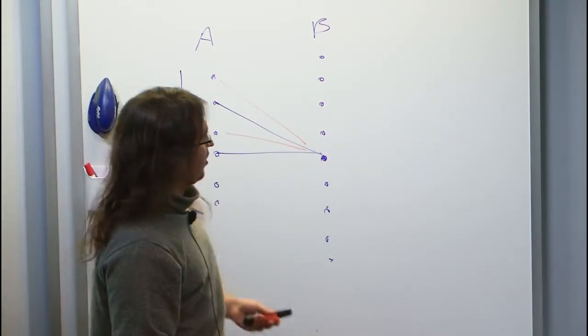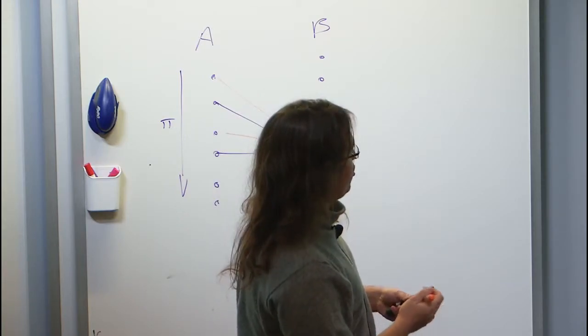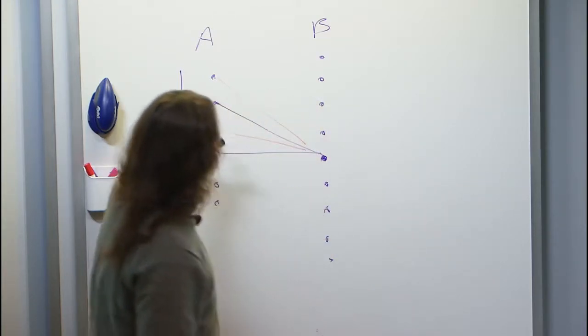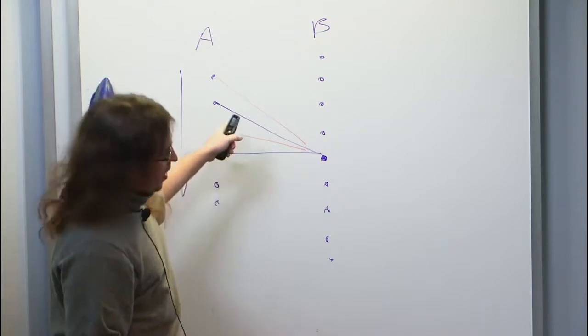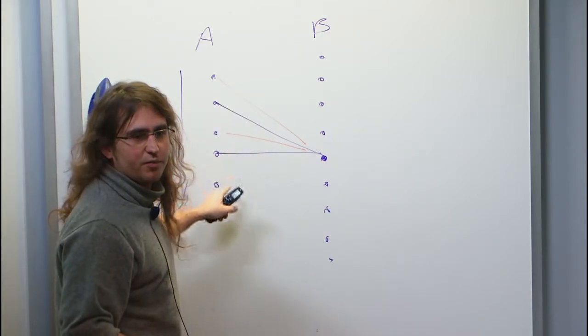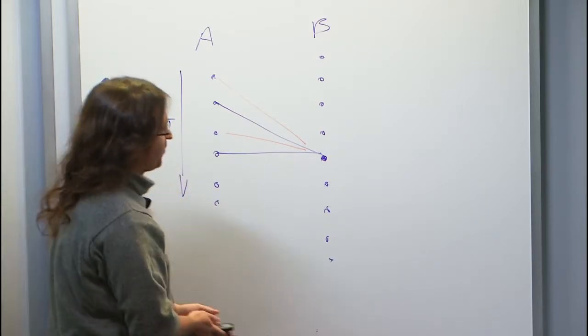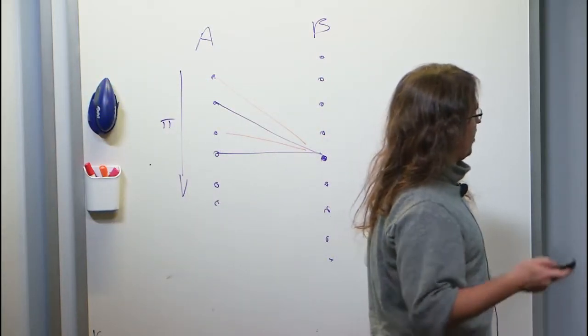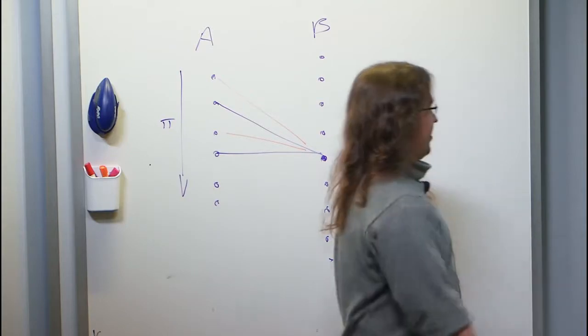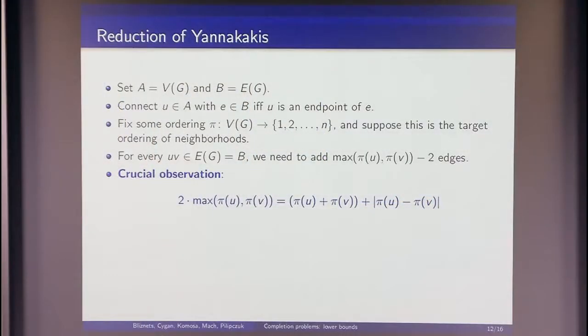In general, I need to add the maximum of the indices of these 2 vertices minus 2, because I already have 2 vertices, since I need to make it a prefix with the minimum possible cost. So now comes the crucial observation of the proof, namely that you can express the maximum of 2 numbers in terms of their sum and their difference.